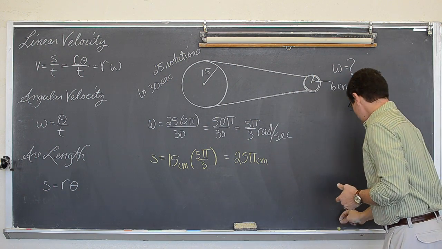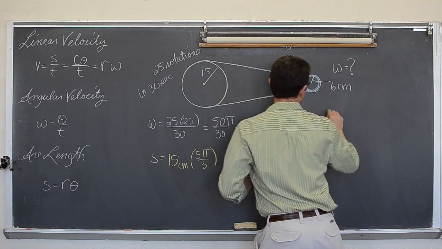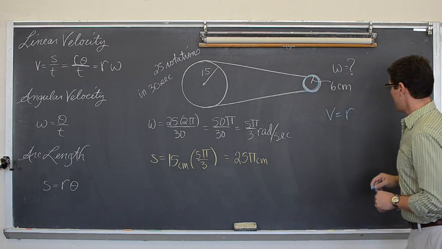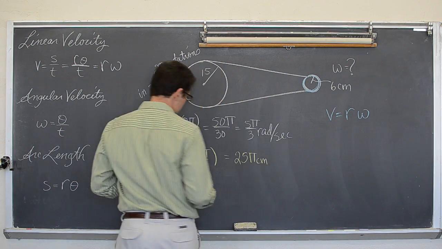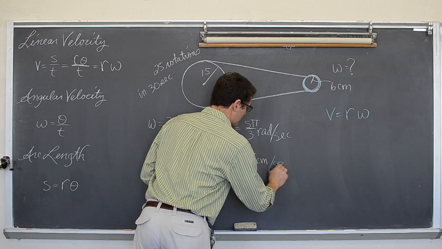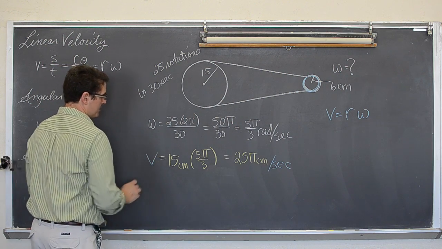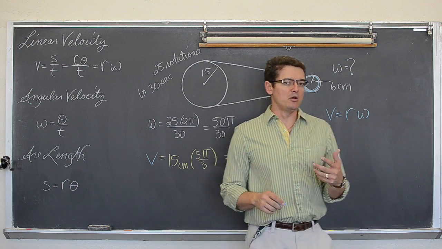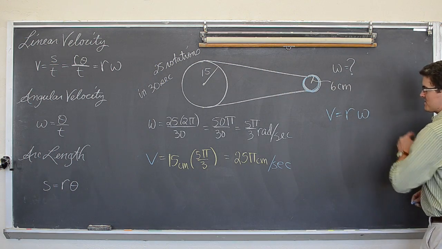Well, V is R omega. Let's say this is per second, and call this not arc length per second, but the linear velocity, the amount of chain you moved in 1 second. Linear velocity is equal to the radius times omega.